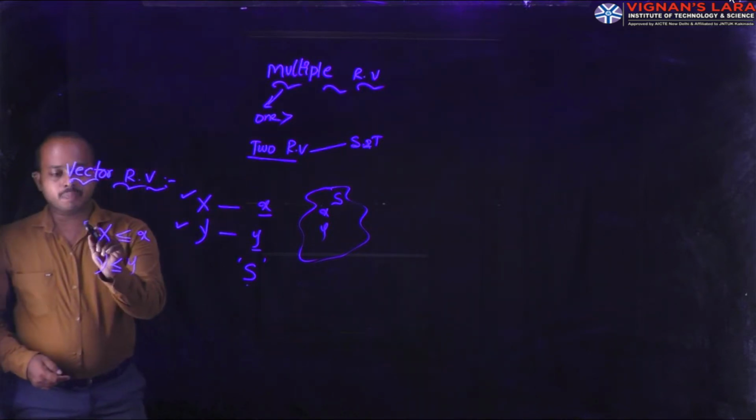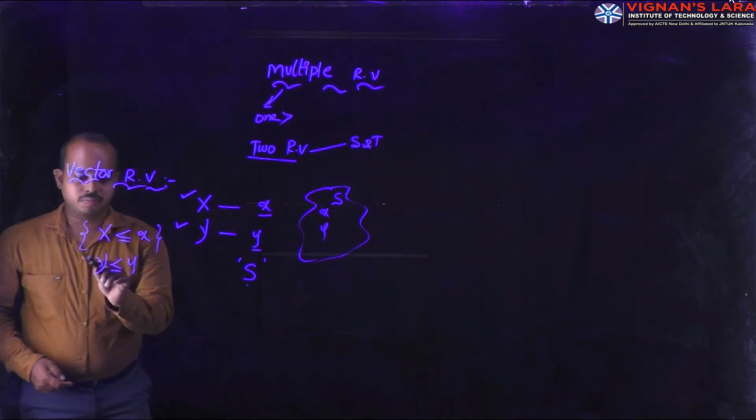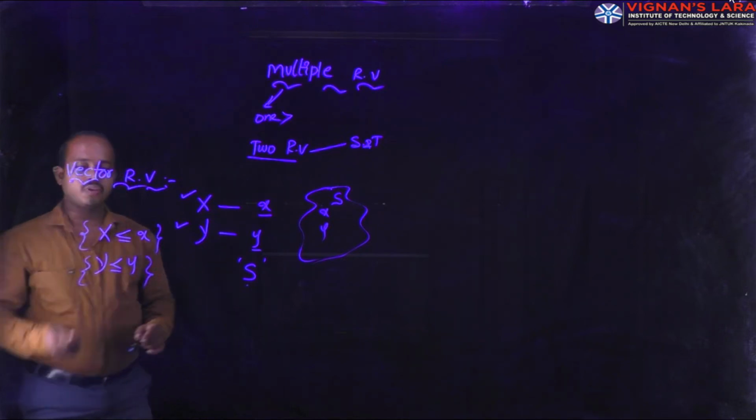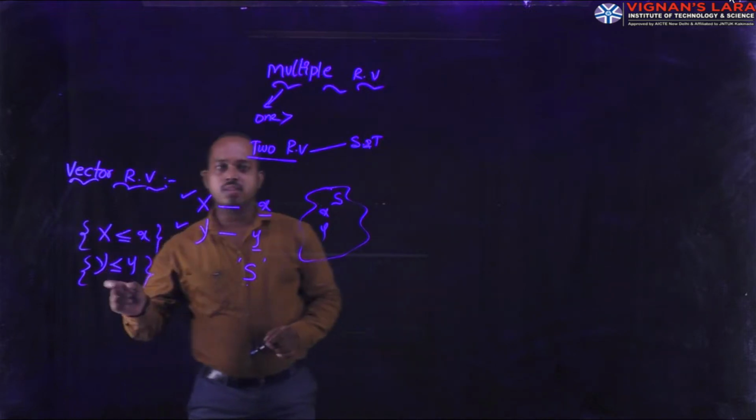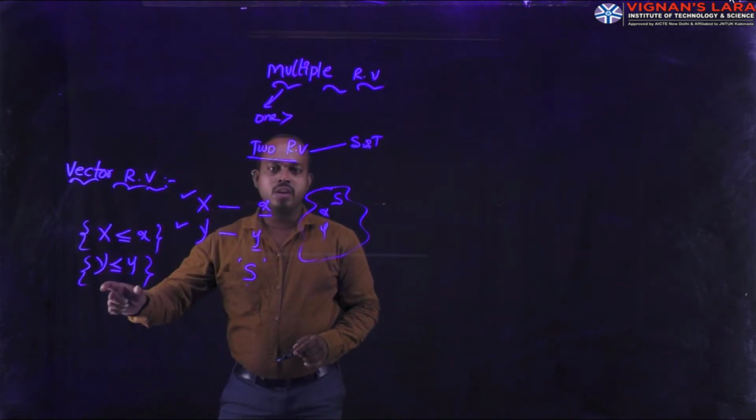These events we represent as sets, the first set representing the event of X and the second set representing the event of Y.